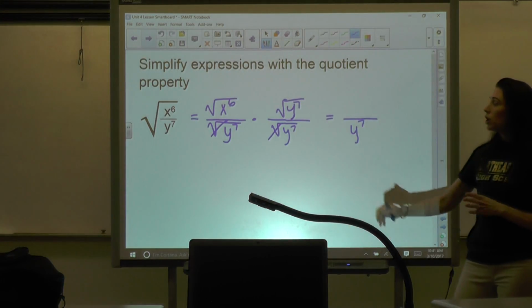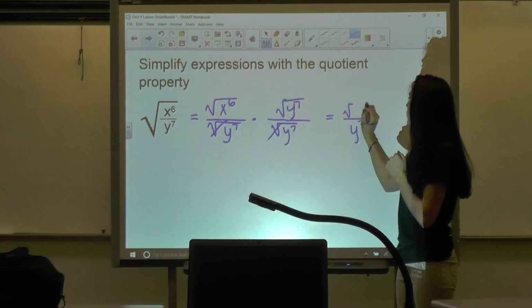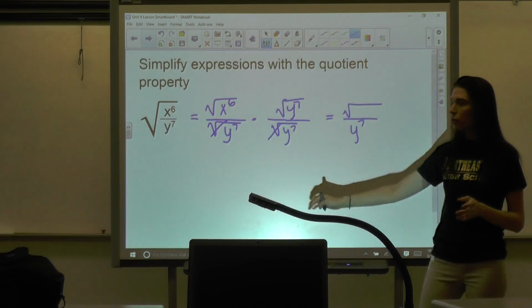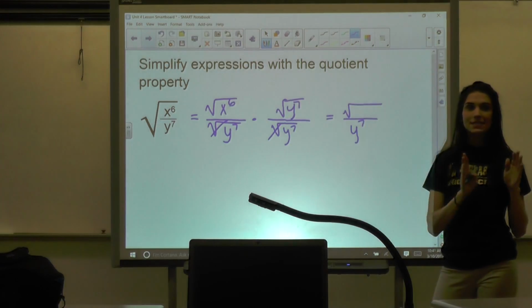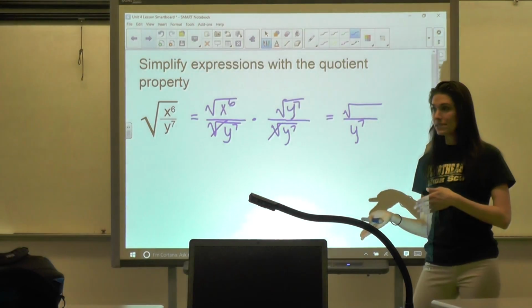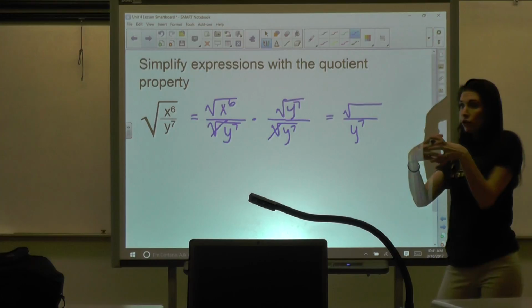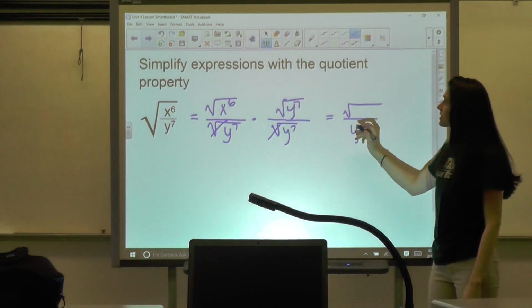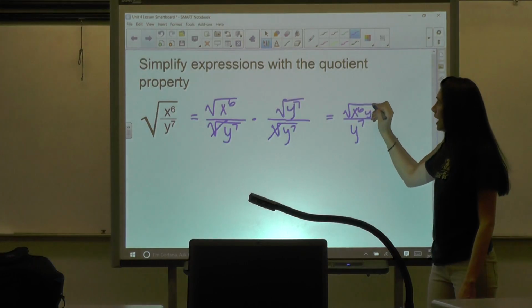So now, you do the same thing at the top. We've got the square root. Do you remember what I did for the bottom? What did I say was actually the math going on? Inside times inside, outside times outside, right? So that means you can take and you can conjoin both of those radicals. So this is going to turn into x to the power of 6, y to the power of 7.